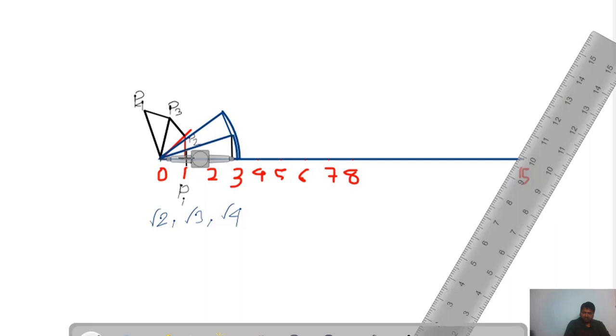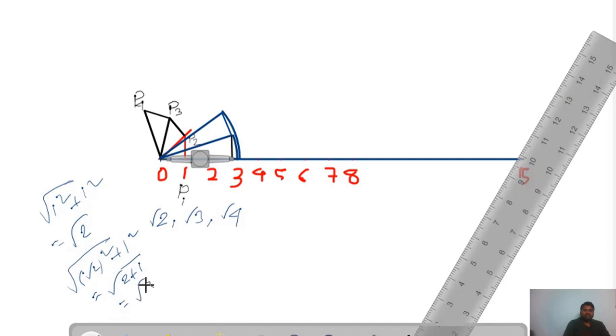Because the length is 1 and the perpendicular length is 1, we get 1 square plus 1 square by Pythagoras theorem, which we discussed in the previous class. Therefore root 2. When we take OP2, that means root over of root 2 square plus 1 square, that means root over of 2 plus 1, that means root 3, and also we get root 4.